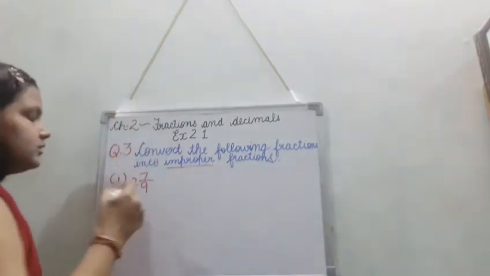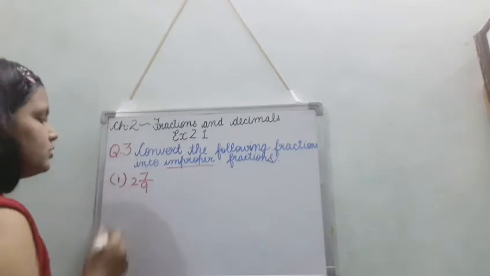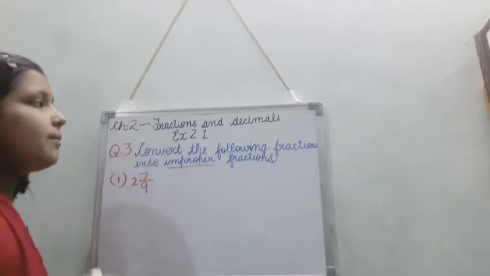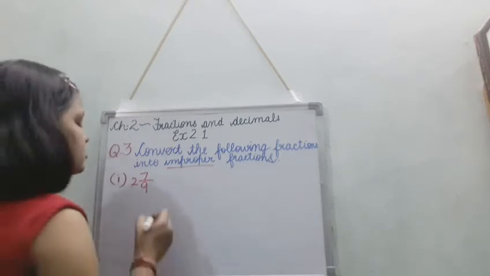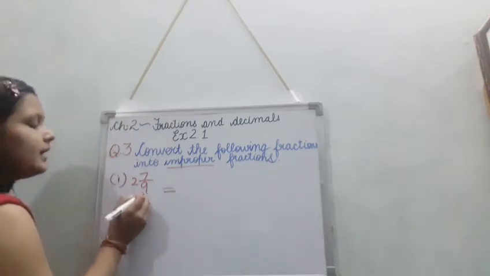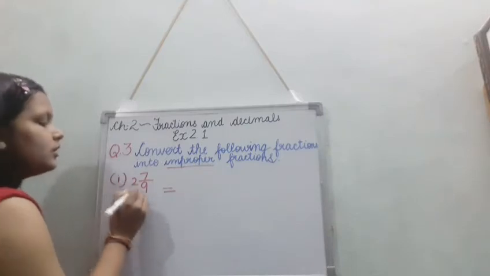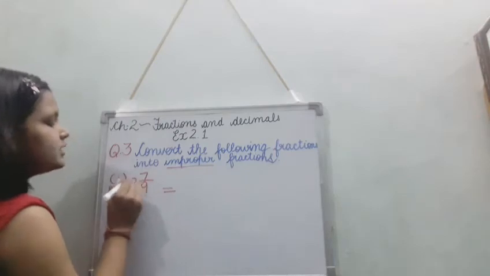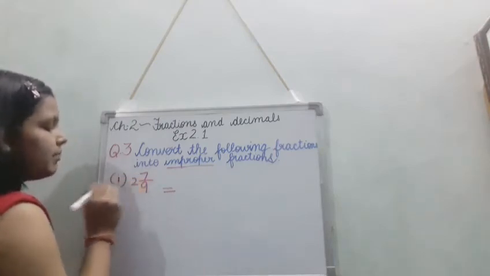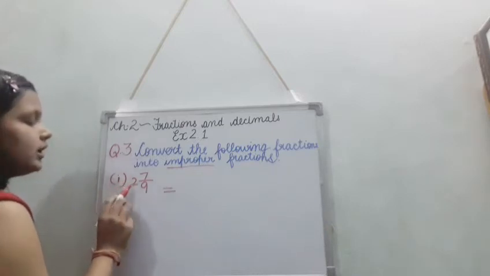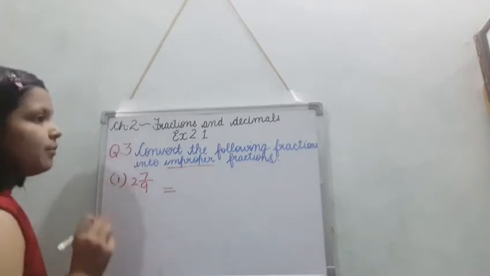And this is the question. So 2 7 upon 9, and this you have to change into an improper fraction. So what you have to do is, firstly you have to multiply 9 into 2. That is, whatever denominator is there, you have to multiply with the integral part. Integral part you know? Okay. So that only you have to multiply with the denominator.